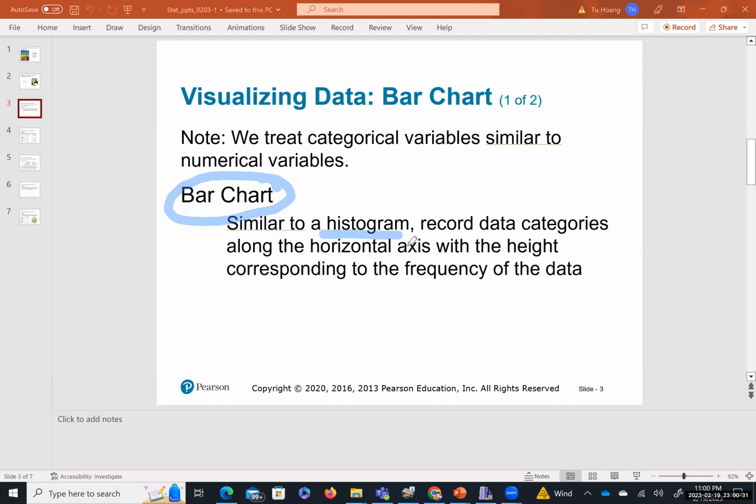It looks similar. The record data is category along the horizontal axis with the height corresponding to the frequency of the data. All right.